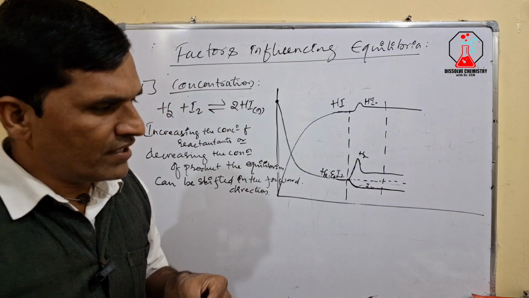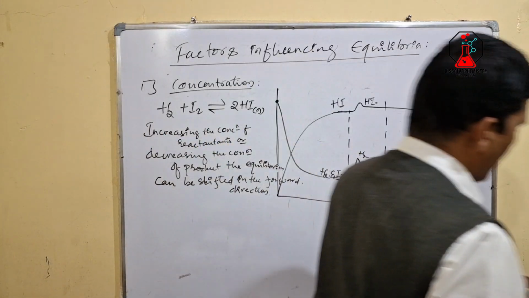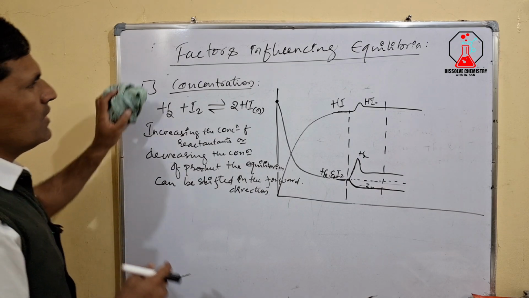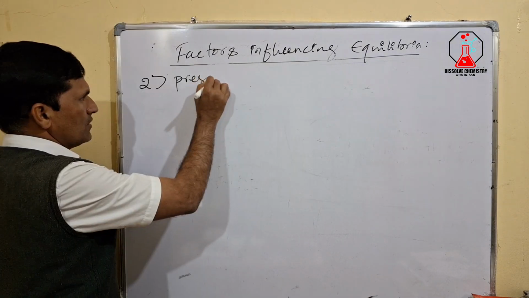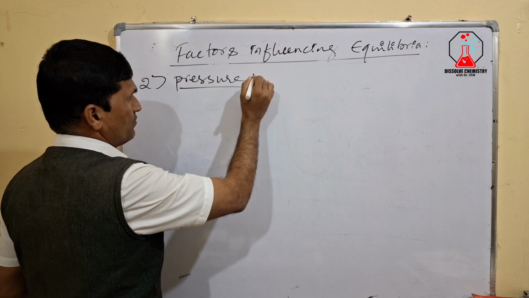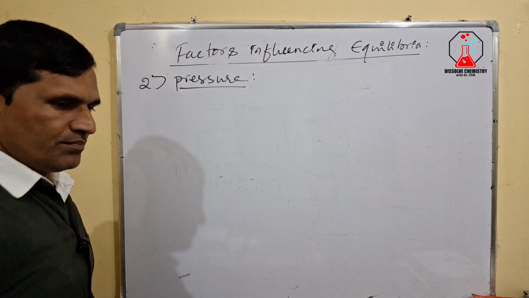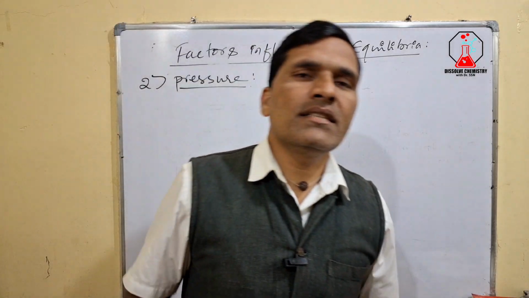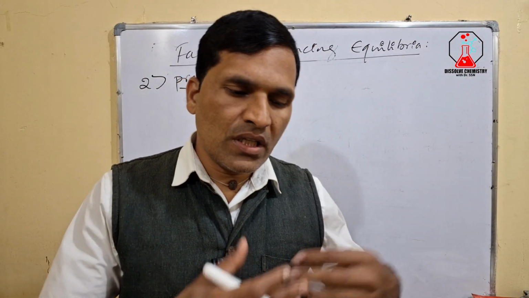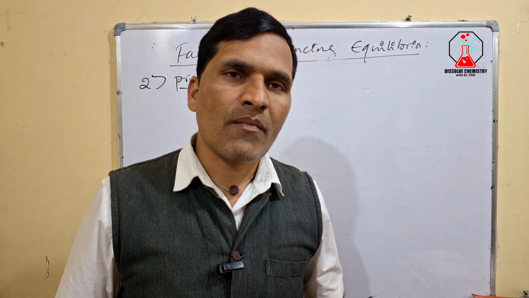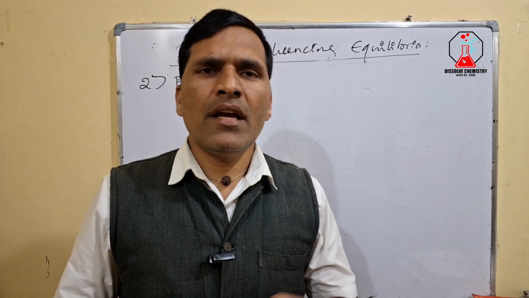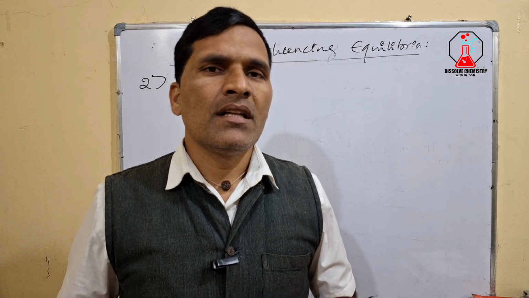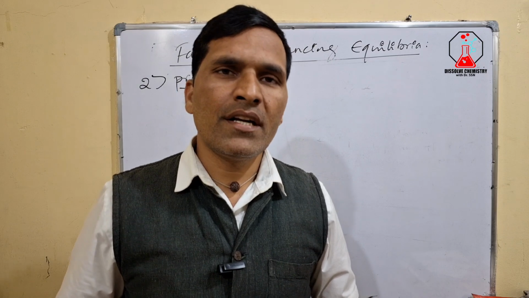Okay. Next we will see how the pressure is going to play an important role on the equilibrium. If the reactants and products both are gaseous at equilibrium, or if any one of the product or reactant is gaseous, then pressure plays a very important role.